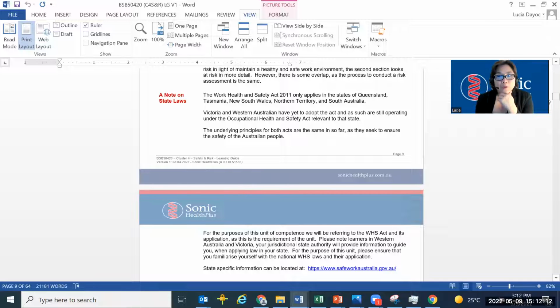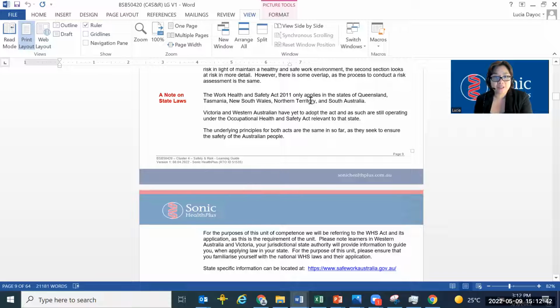So we talk about the legislation. Now, it is important to note that Western Australia and Victoria follow a different Work Health and Safety Act. This resource here still speaks about the Occupational Health and Safety Act 1984, but they have since updated that just recently to the Work Health and Safety Act 2021.